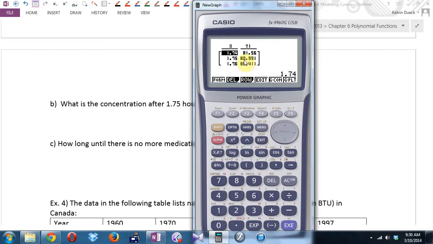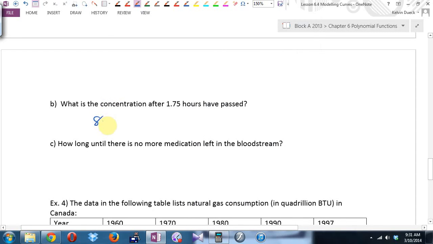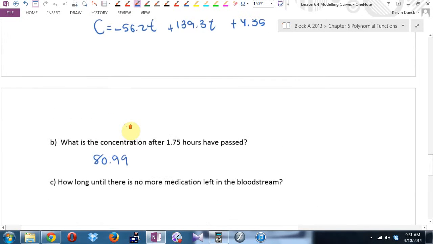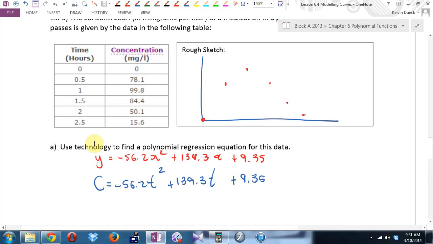And I get a concentration of 80.99. Hey, what are the units? What did I say were the units for the concentration in the chart? Milligrams per liter, right?